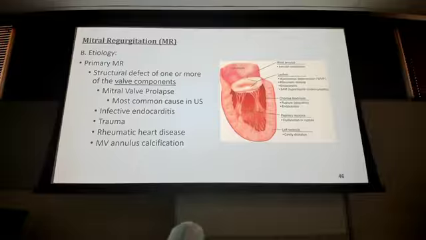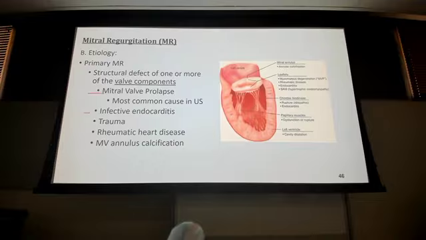So that's an example of a secondary cause. Okay. Looking at the primary causes of mitral regurgitation, mitral valve prolapse is the most common in the US, and mitral valve prolapse is more common in women. So when we said that this is more of a female predominance, this is why, because of that mitral valve prolapse component. But it could be infective endocarditis, so the valve leaflets have that vegetation on them, or they're eating through the valve itself, creating a hole.